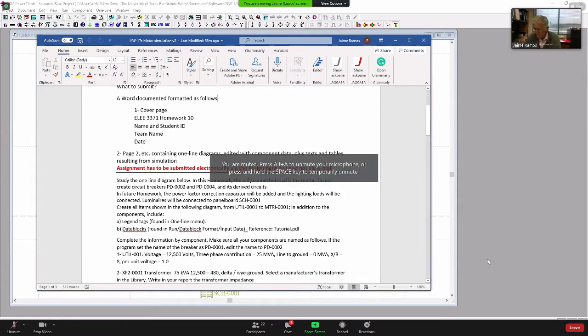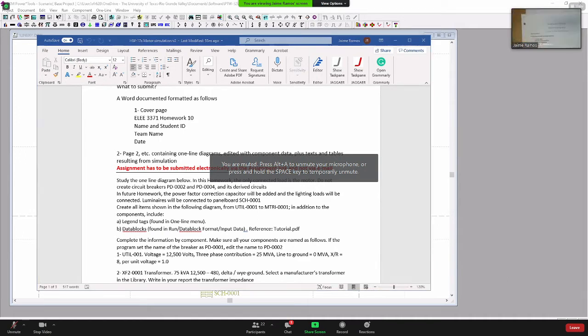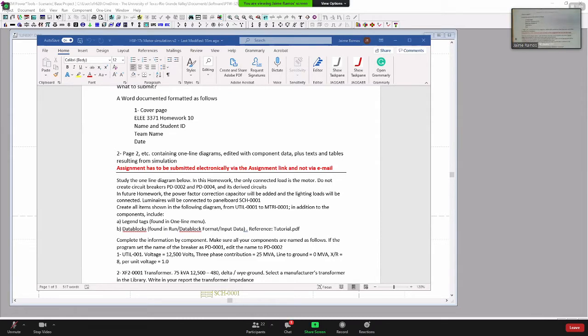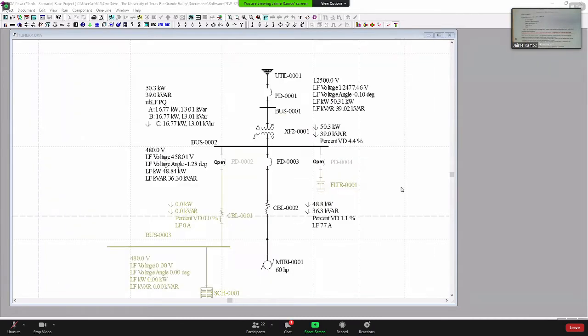Right there. Okay, so in this one line diagram, from bus number 2 here, which is at 480 volts. You see the 480 volts here? Bus number 2.